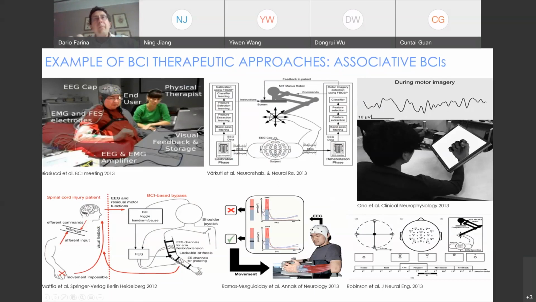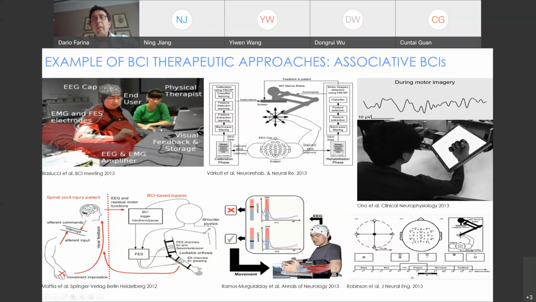In this case, for example, you have a BCI system in which EEG activity is decoded in order to induce functional electrical stimulation, in this case for grasping. And in this other case, just to cite two examples, we have a similar system in which EEG activity is controlling an active orthosis that provides feedback to the subject by passively moving the hand. Many of these approaches are based on the concept of associativity. They are associative BCIs somehow.